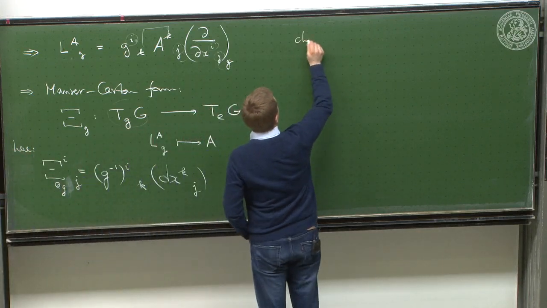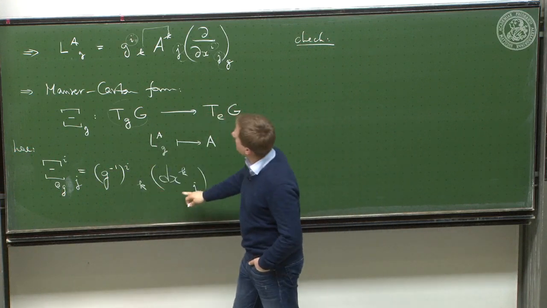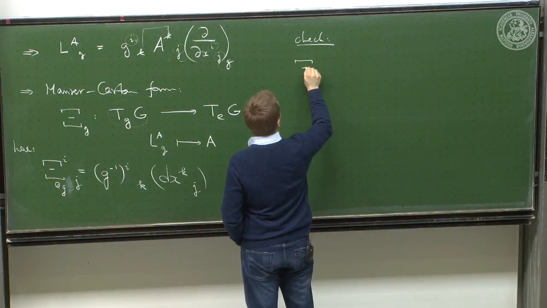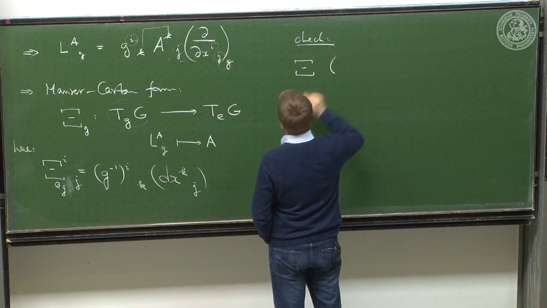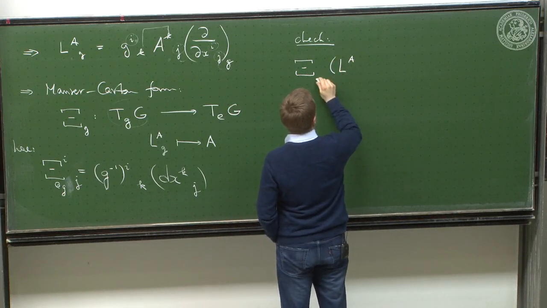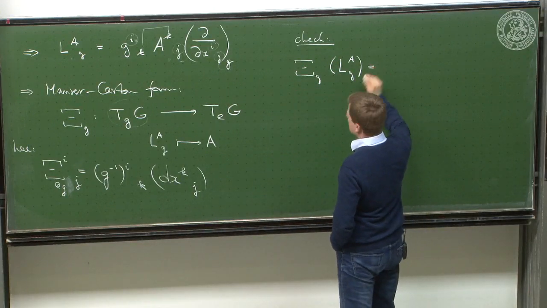So let's check why this is true. Why do I write down this now after I found this? Well, I can now take the Maurer-Cartan form and I plug in the L_A up there. Take it at G, plug in the L_A. So what is this?